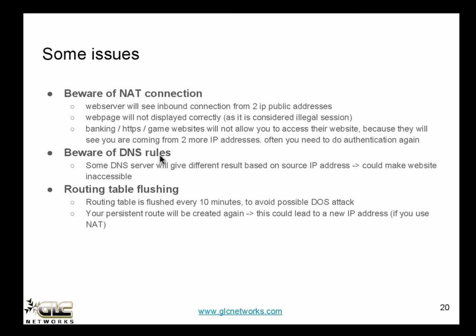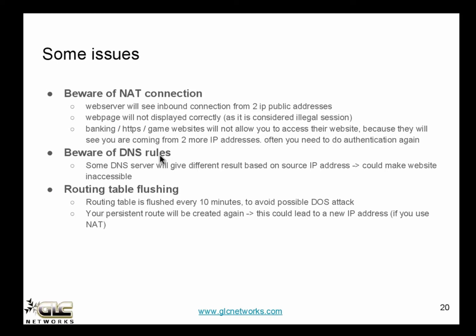Next, also important here is routing table flushing. The routing table is flushed every 10 minutes to avoid possible DoS attacks, so your persistent rule will be created again. It's flushed, so it's empty, and the connection will be made once again.